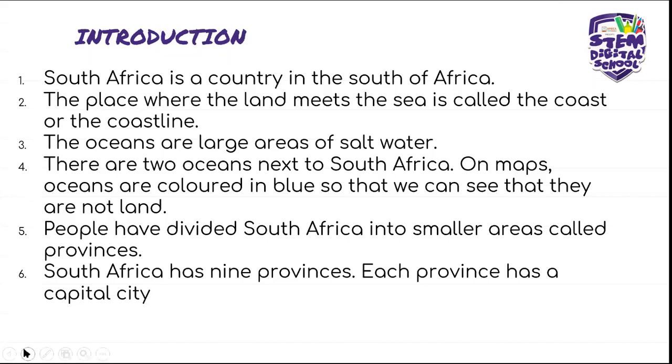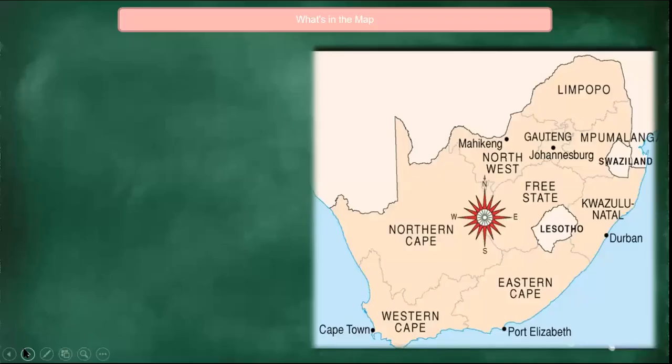And then moving on. Okay, what's in the map? Are you seeing the map here? I want one participant to tell me what they are seeing on the map. Zoe.